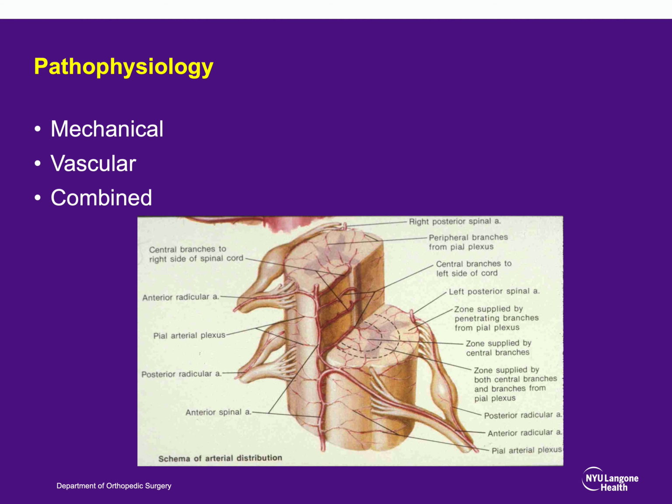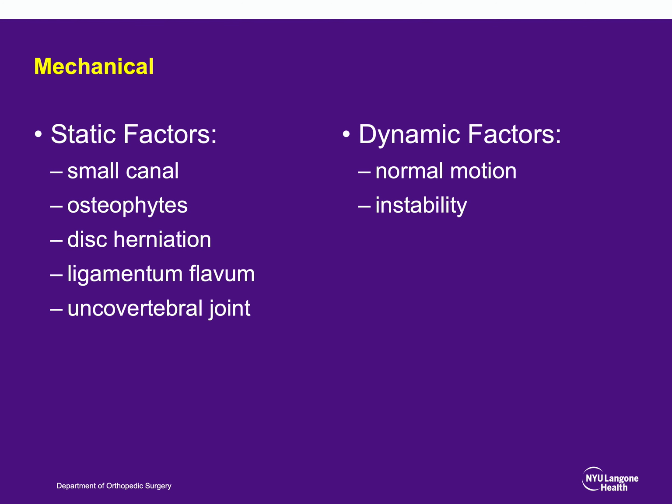Myelopathy can result from direct mechanical compression of the cord itself, or there's also a vascular etiology where the anterior spinal artery can be compressed from anterior offending structures such as OPLL or disc herniation, and oftentimes the pathophysiology can be a combination of both mechanical and vascular origin.